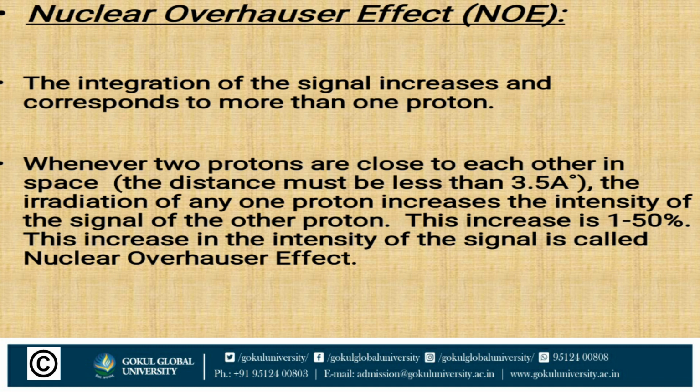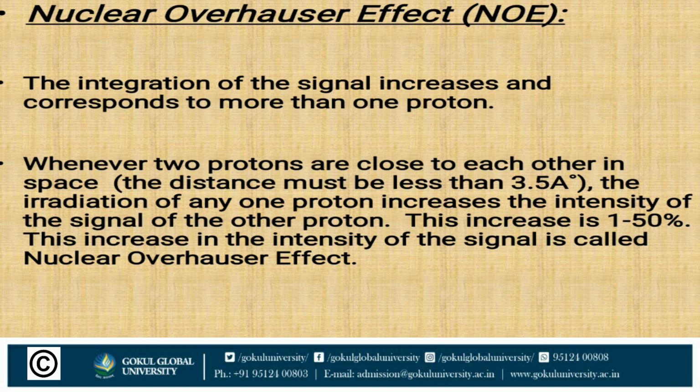So, whenever two protons are close to each other in space, the distance must be less than 3.5 angstrom. If the distance is 3.5 angstrom, then the signal increase cannot be separated out by other methods.